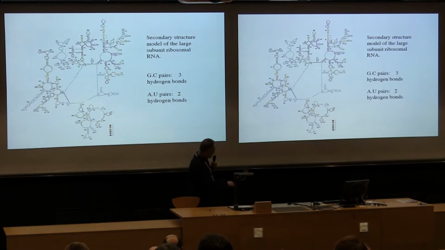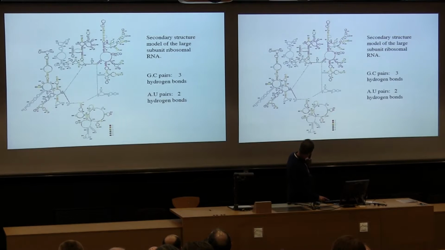These helices are made of complementary base pairs, which are nearly exclusively either GC or AU pairs. And there is a clear chemical difference between these two pairs, among others. It's the number of hydrogen bonds involved in each pair of complementary bases: three for a GC pair and two for an AU pair.